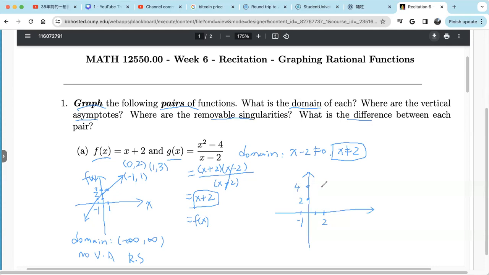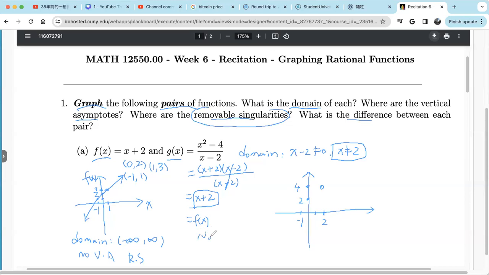This is a 4. So what if 2 is not in the domain, that normally causes vertical asymptotes, right? Normally in the denominator, so x cannot be 2, normally it becomes a vertical asymptote. However, because x minus 2 divided by x minus 2 is simplified, it becomes a removable singularity instead.